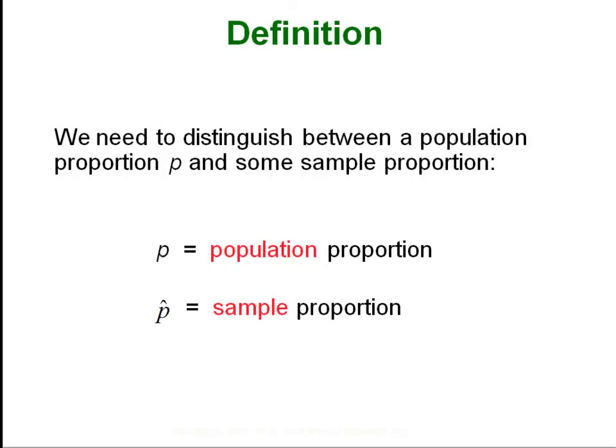It's similar to mu, the population mean, and x bar, the sample mean. Well, p is the population proportion, and then p hat, a p with a little upside down v, is our sample proportion.